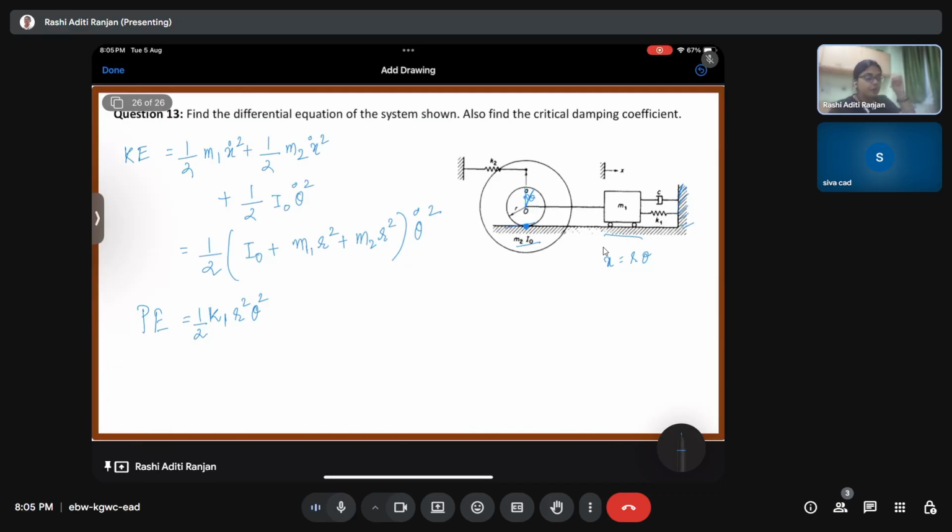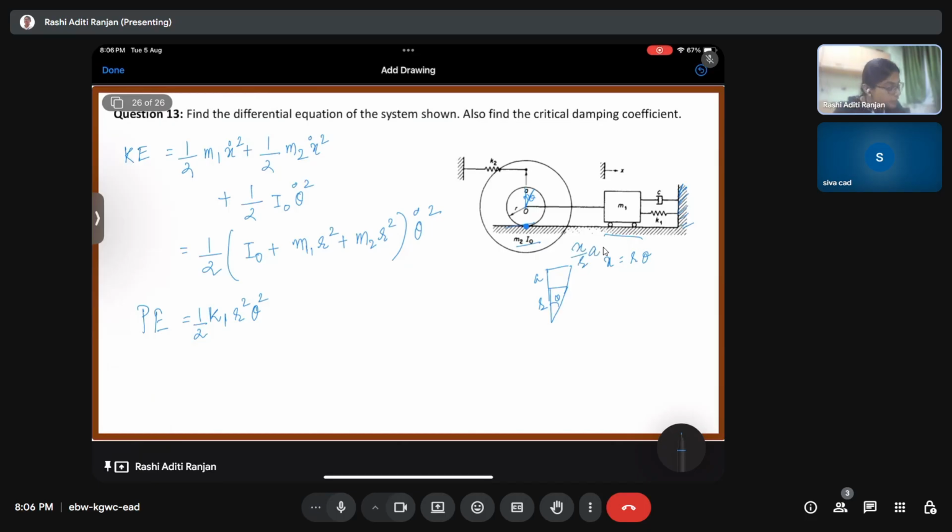Second, apart from that, this K2 is moving because of the rotation happening with respect to the center. Now we know that if this is r and this is theta and this is a, we can write this as nothing but x by r into a, right?